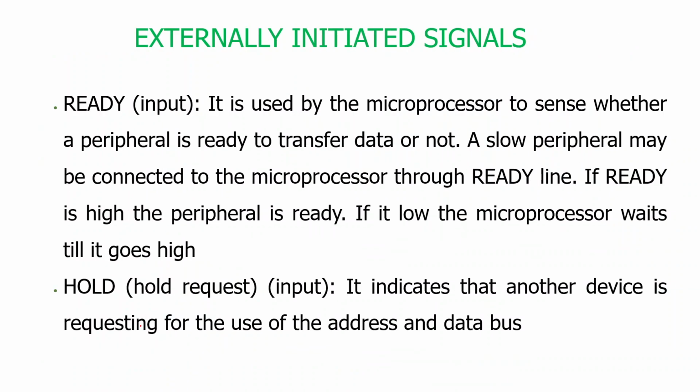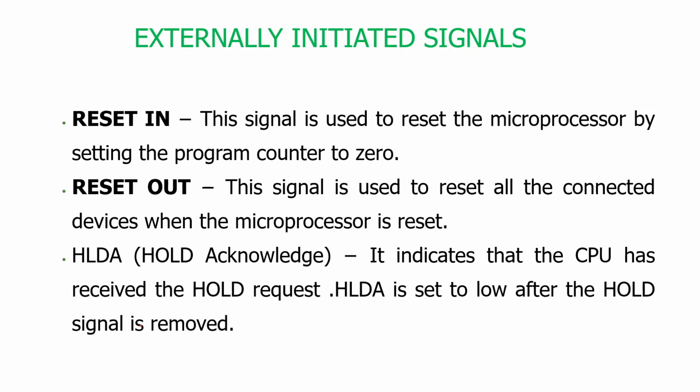And next, externally initiated signals, ready and hold signal. If low speed peripherals are connected to the microprocessor, and the ready signal is high, the microprocessor will initiate the data transfer, otherwise it will wait for the slow peripheral. Next, the hold signal indicates another device is requesting the use of both address and data bus.